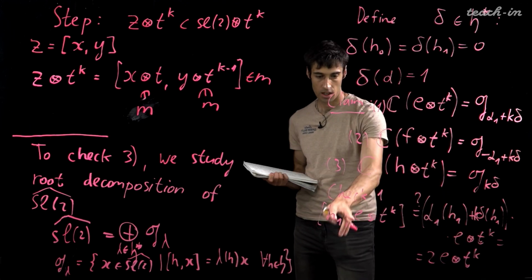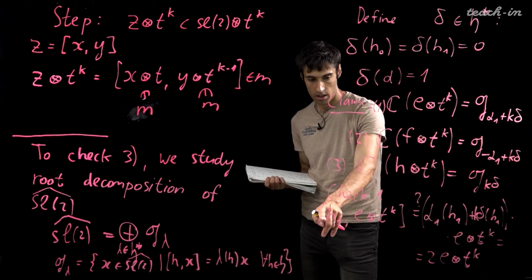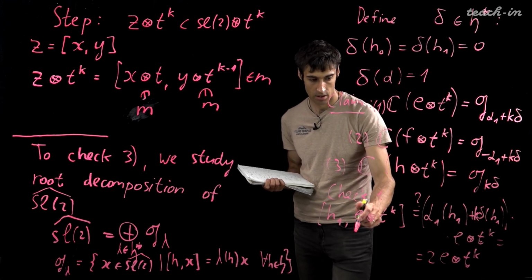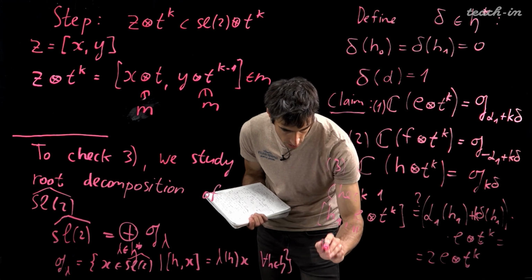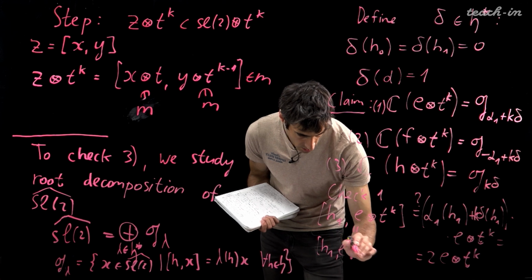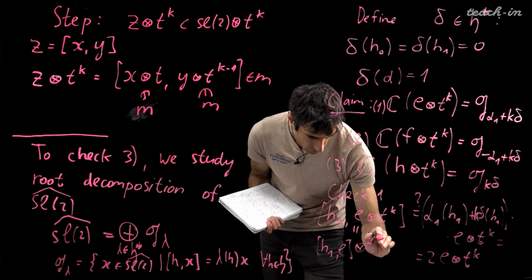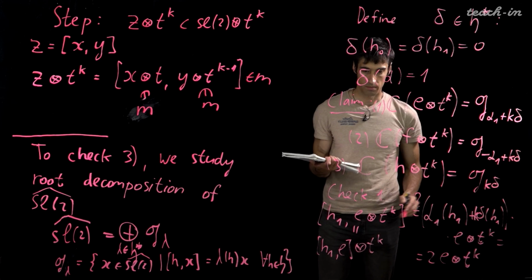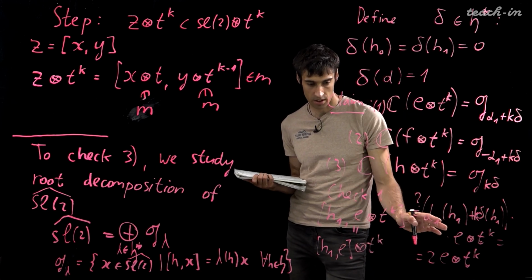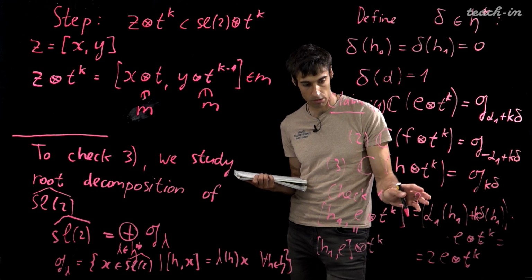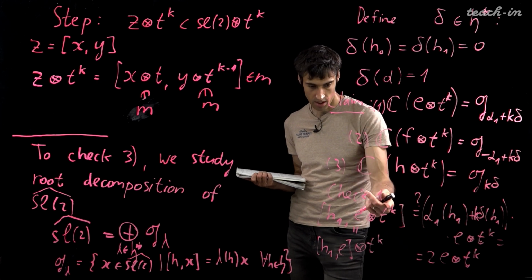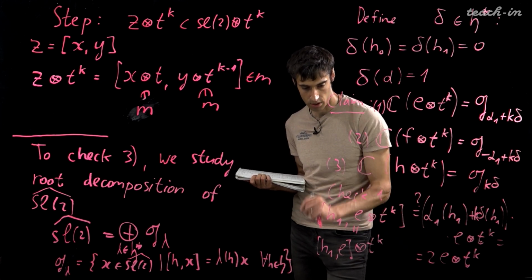But how do I compute the commutator of H1 with E tensor T^k? This thing is the commutator of H1 and E, tensor T^k, plus maybe some multiple of the central element, but this multiple is 0 because of k here and 0 here.